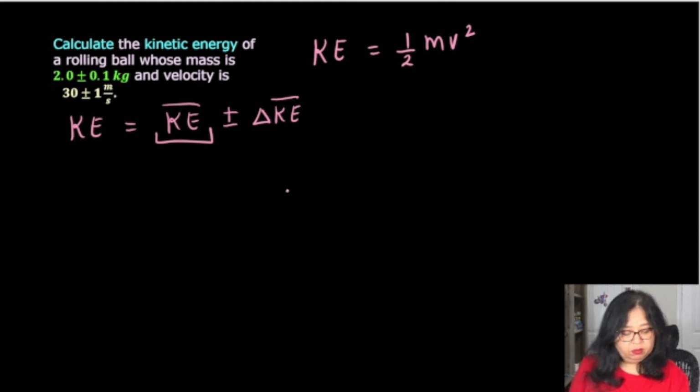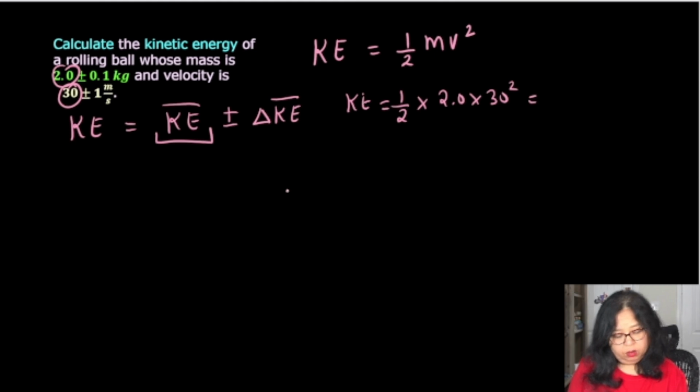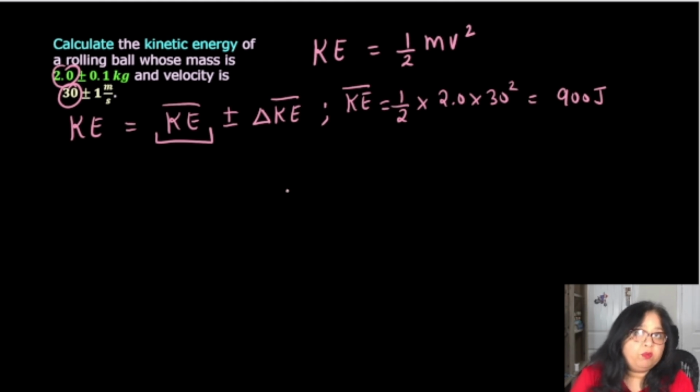That is going to be just 1/2 times mass 2.0 from here times 30 squared. That gives me, this is my KE bar, 900 joules, where joules is the SI unit for kinetic energy or energy in general, or work.